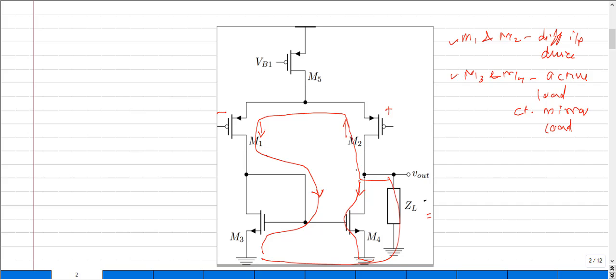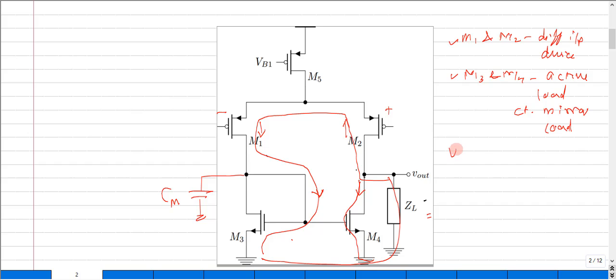flow. Since the current flows through the diode-connected M3 transistor, this diode connection has a very large capacitance, which is the mirror capacitance. Since the signal travels through this path, which has a very large mirror capacitance, it introduces a dominant pole in our system transfer function.